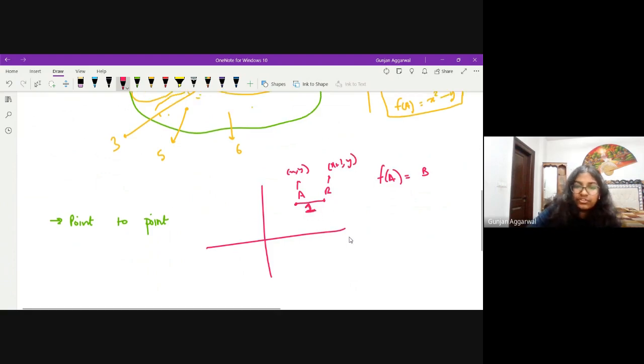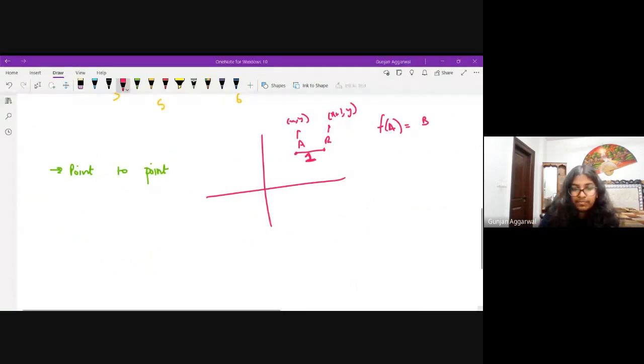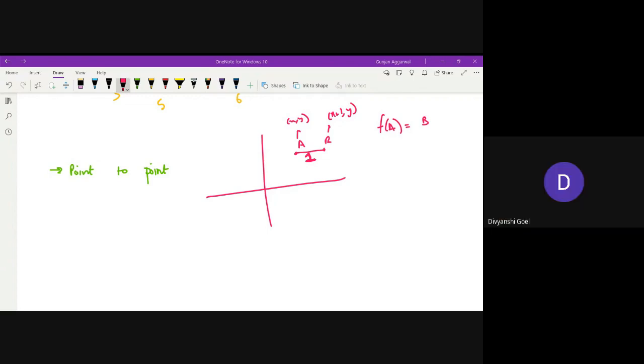This is also a function. Is the definition of a function clear now? Yes, ma'am.